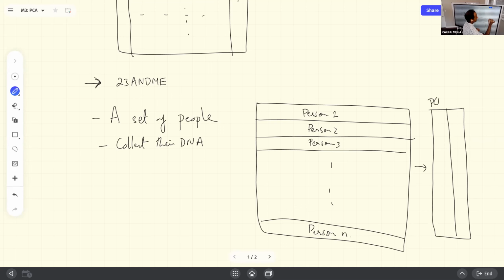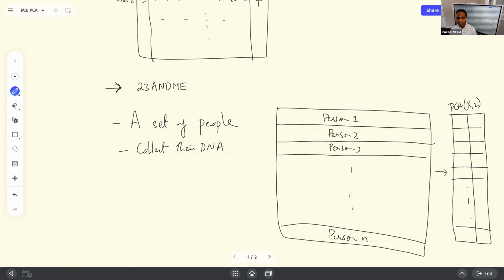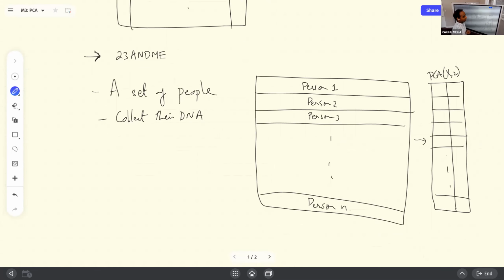Right? So this is PCA of X, 2. So DNA sequences are very, very long, right? Absurdly long. And they compressed all of that to just 2 features per person. All right? And then they normalized it in some way, just by shifting things and centering them. All right?